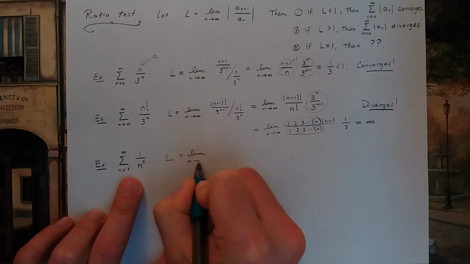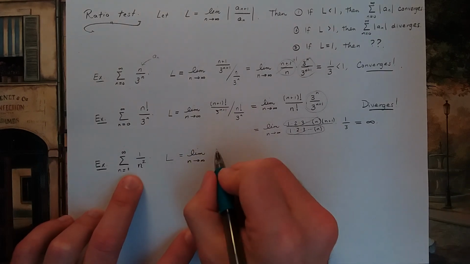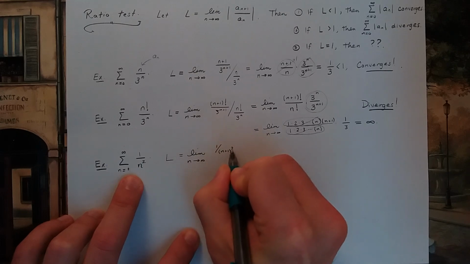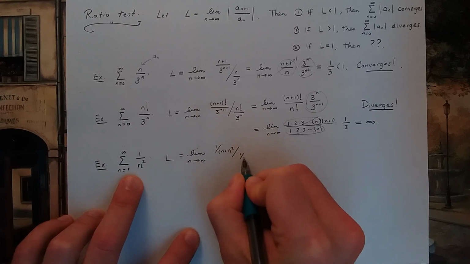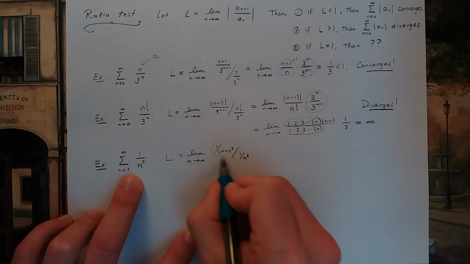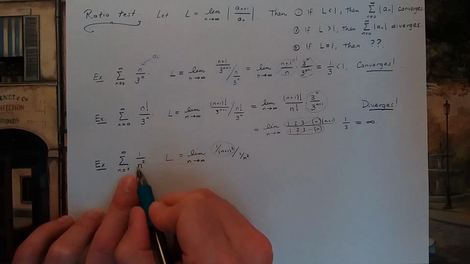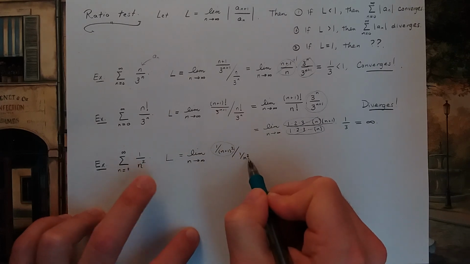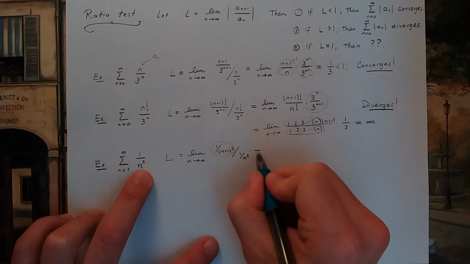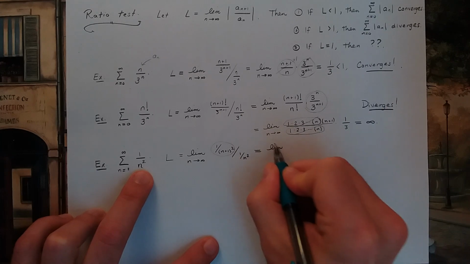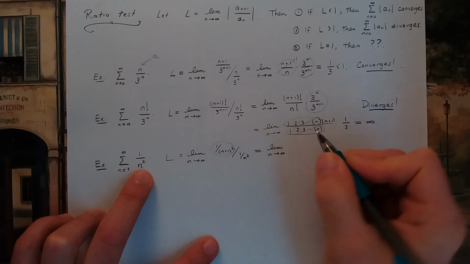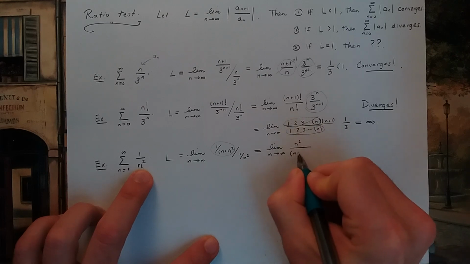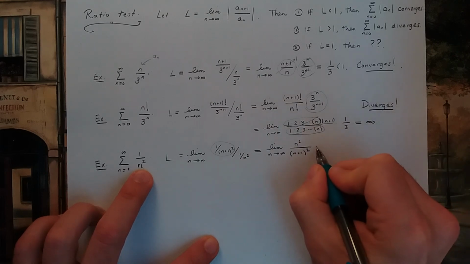I have the limit as n goes to infinity of 1 over n plus 1 squared divided by 1 over n squared. So I took the n plus first term, plugging in n plus 1 for every n, and dividing by the nth term. So this is the limit as n goes to infinity of n squared over n plus 1 squared.